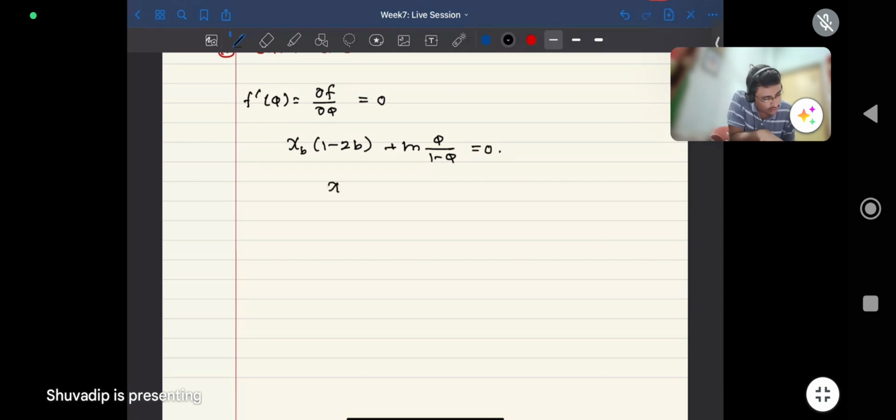From this we get the equation of chi b, which is minus 1 by 1 minus 2b ln of phi by 1 minus phi. So this is one equation.